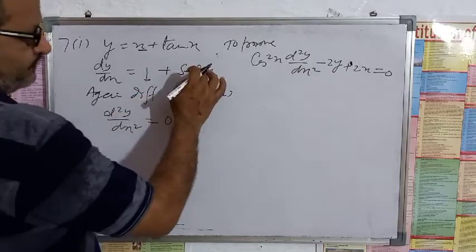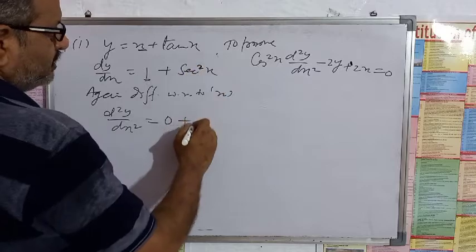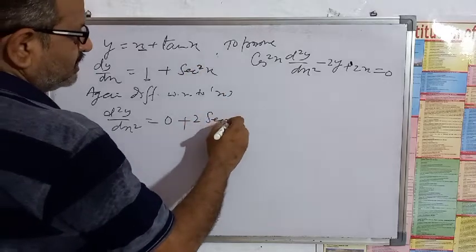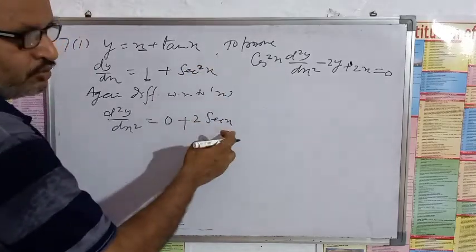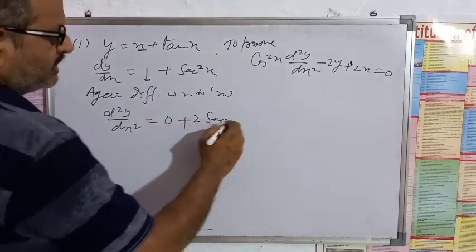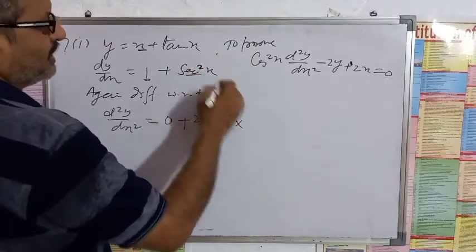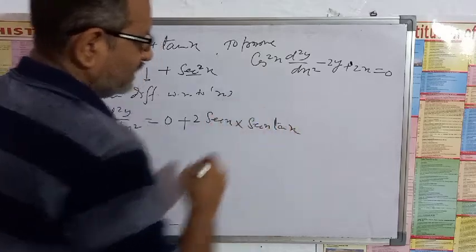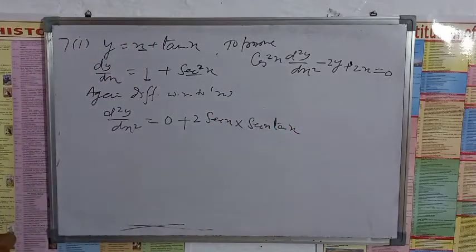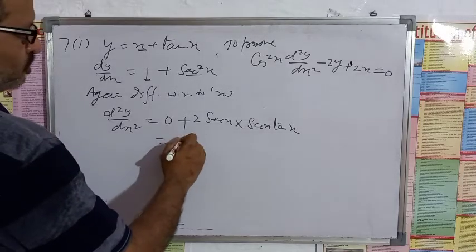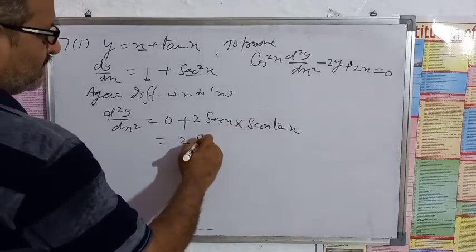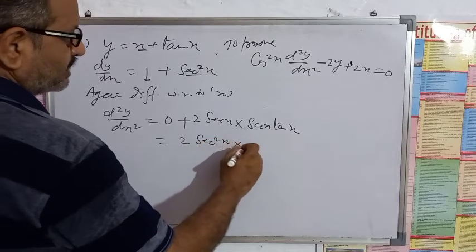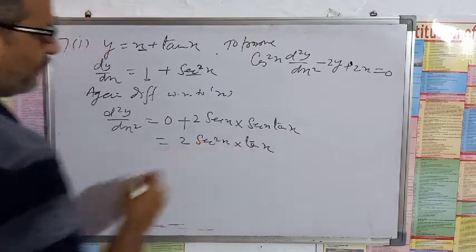Firstly differentiate the power, it will be 2 sec x, then differentiate sec x, so sec x into tan x. So it will be 2 sec x into sec x, sec square x into tan x.